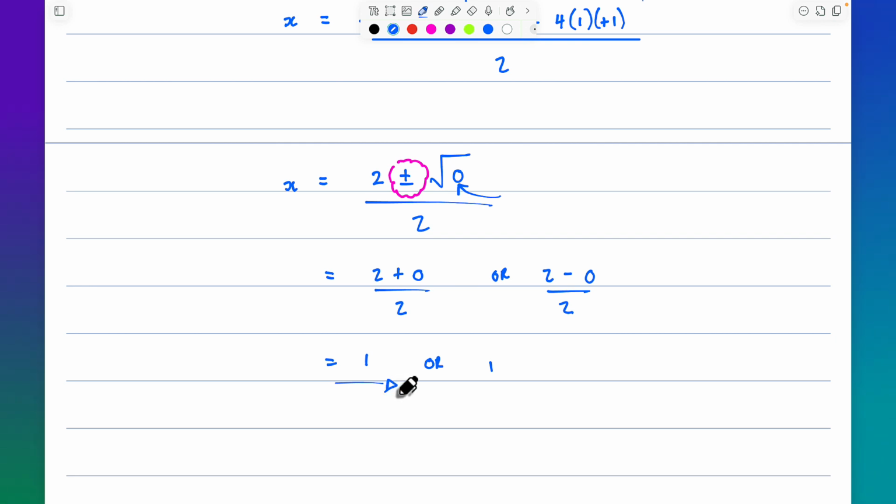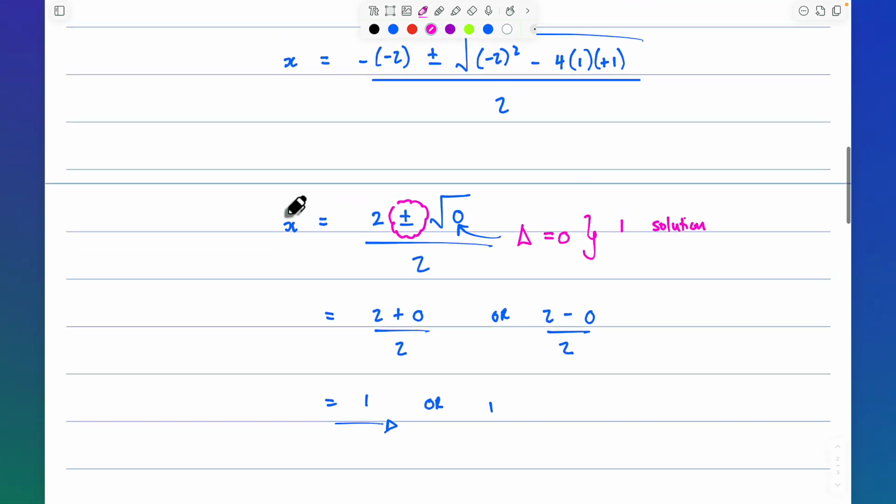It appeared twice. So if your determinant, which we denote by this sign over here, is equal to 0, in quadratics we say the roots are repeated. We have repeated roots, but essentially it means we have one solution. And remember, what we're trying to do in this case is find the point of intersection.